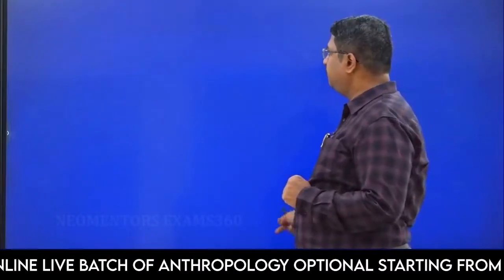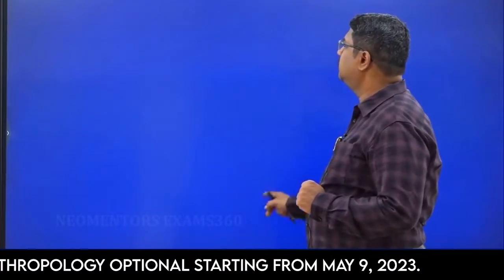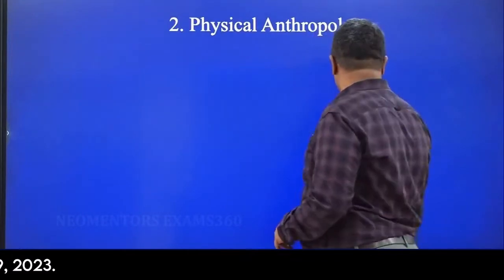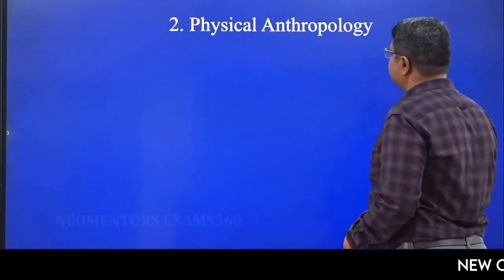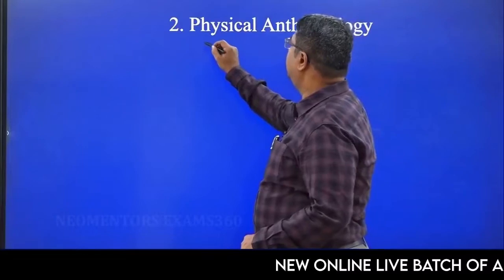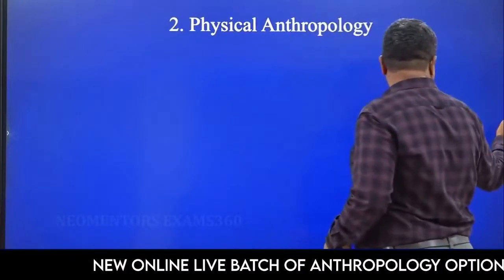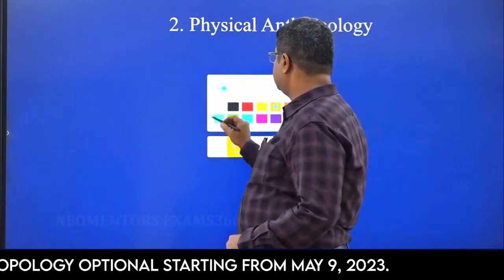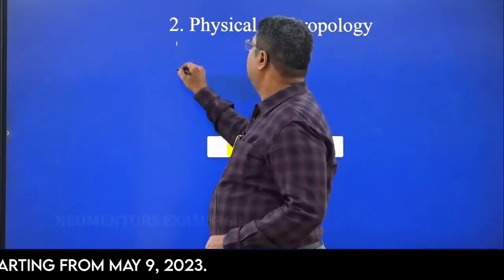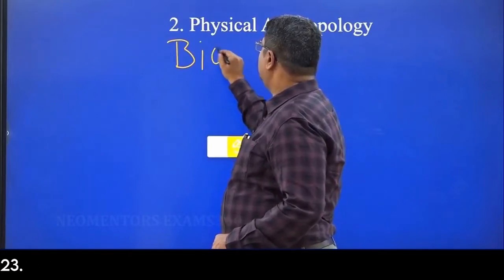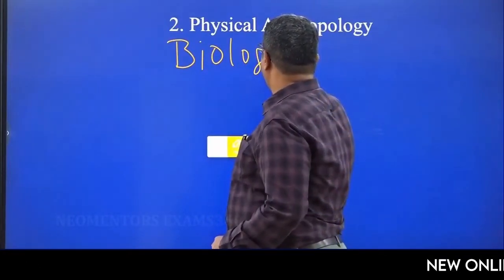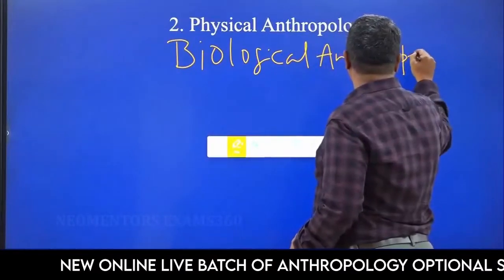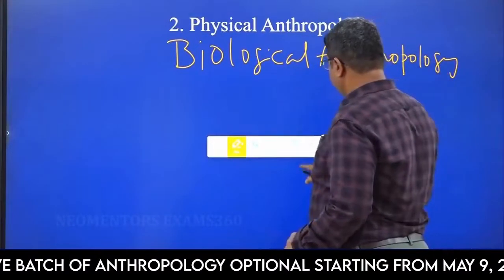Now if you go to part 2 of the syllabus, you see it is named physical anthropology. Traditionally it was called physical anthropology, but popularly today it is known as biological anthropology. Mostly scholars call it biological anthropology because physical was a bit of an older way of usage.